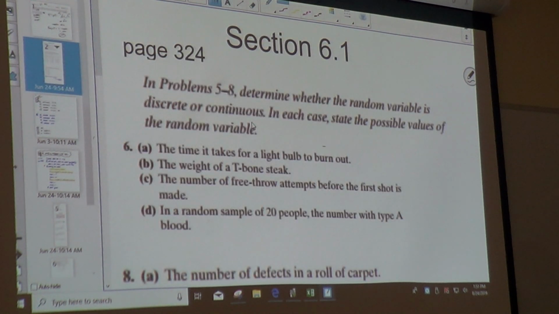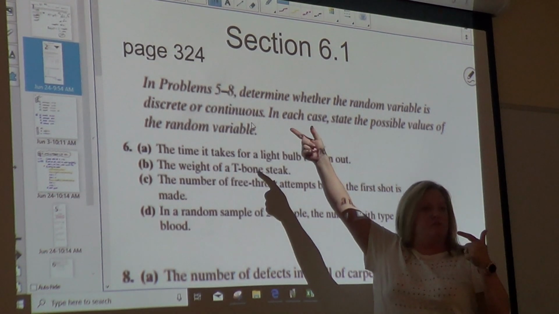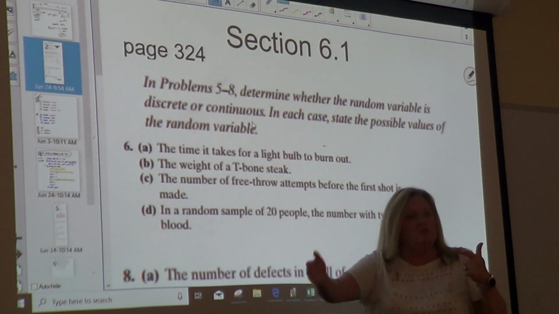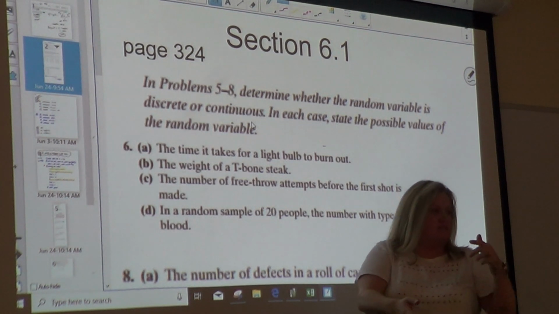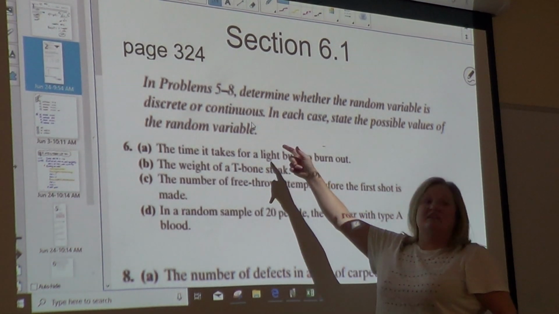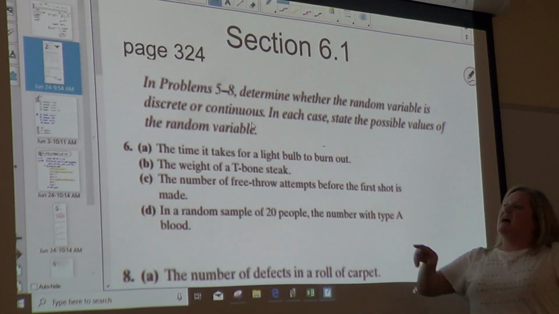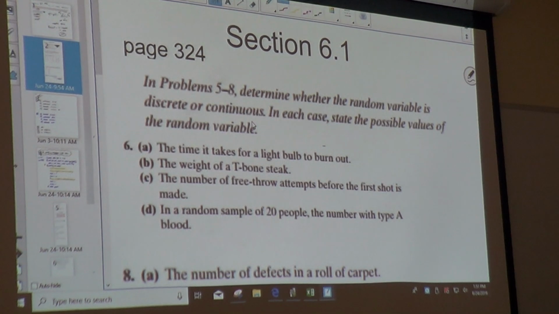All right. Section 6.1 is a slight change, but it has a couple of the same things that we've been talking about. Discrete and continuous. Discrete, remember, is like shoe sizes and hat sizes and pant sizes. Continuous means it can be any number in the book. So, the time it takes for a light bulb to burn out.